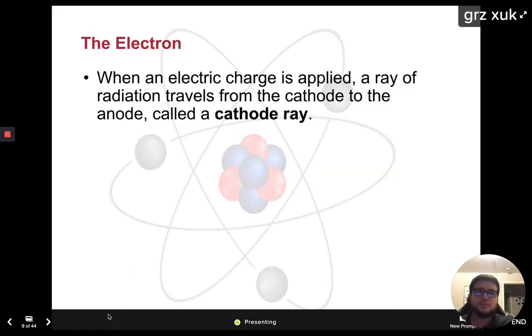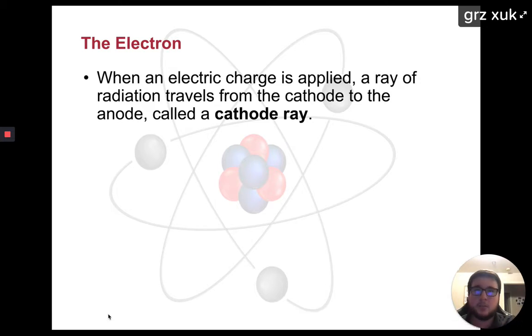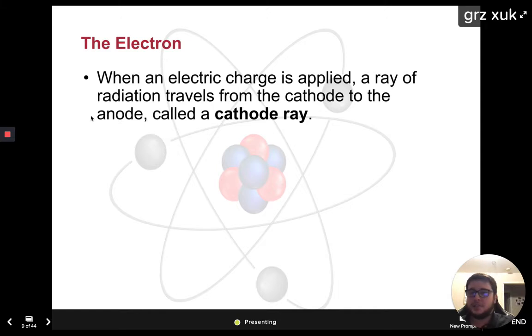Okay. So now that we know what atoms look like, we need to talk about what's inside of an atom. Remember, John Dalton, where we left off yesterday, only knows that atoms are solid spheres, or that's what he thinks. He's not aware of the little particles inside of atoms. And so the first one that was actually discovered was the electron.